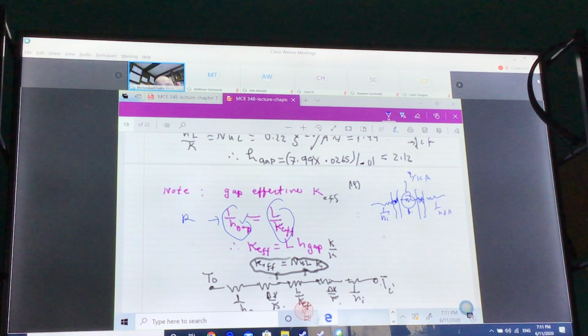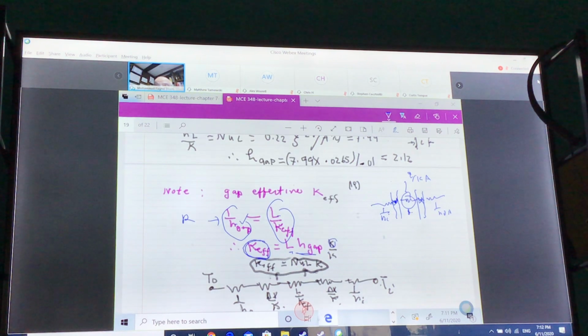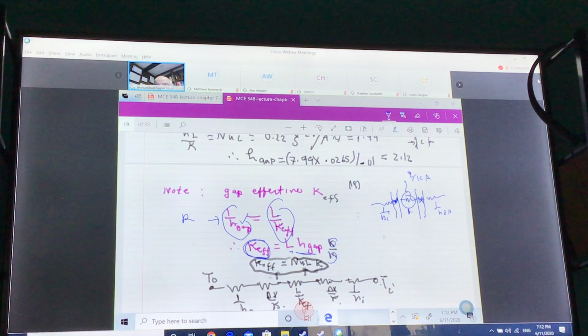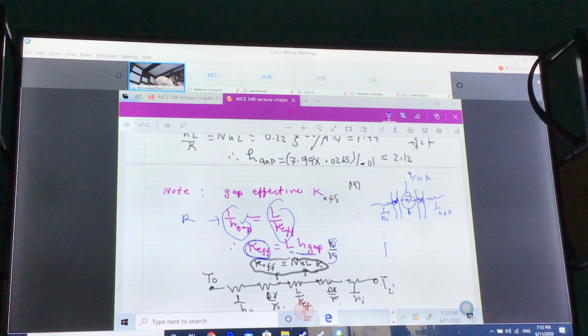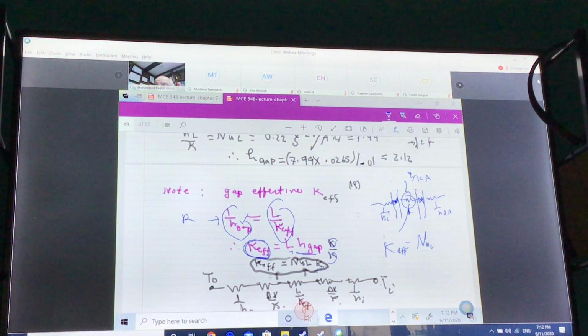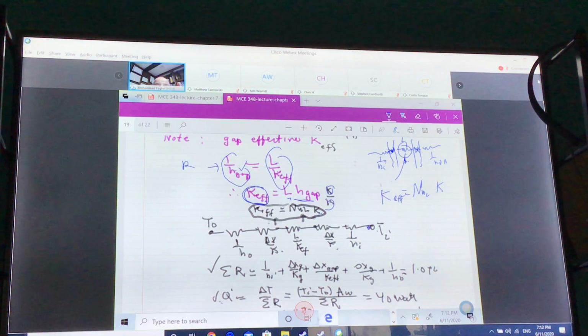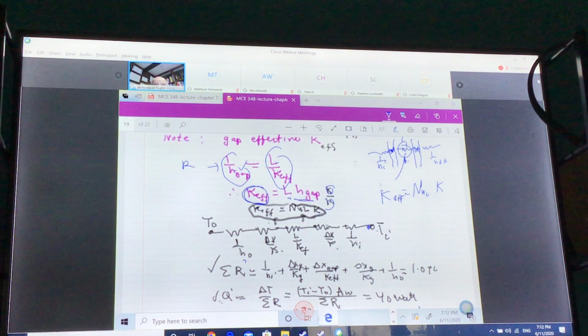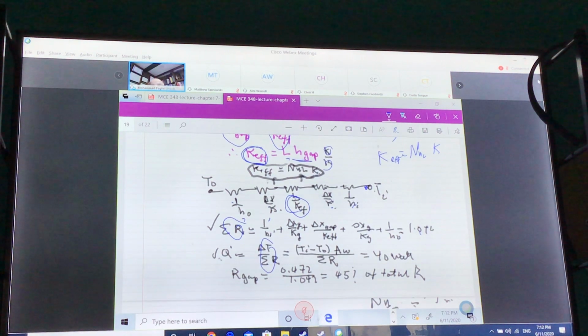So I set this equal and calculate k effective. This is not in the solution. k effective becomes L times h of the gap. I multiply and divide by k, so I get k effective equal to Nusselt number times k. So I get the k effective, so I put in my chapter 1 problem: 1 over h_o, 1 over h_i, delta x over k for the glass, L over k effective. Calculate the sum of the R's, and Q equals delta T over R.